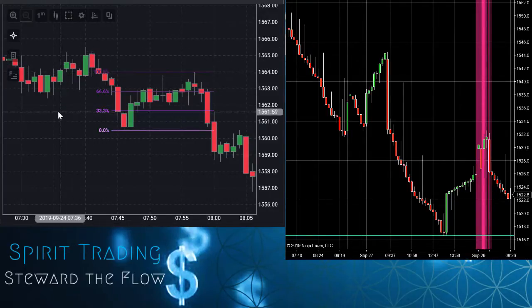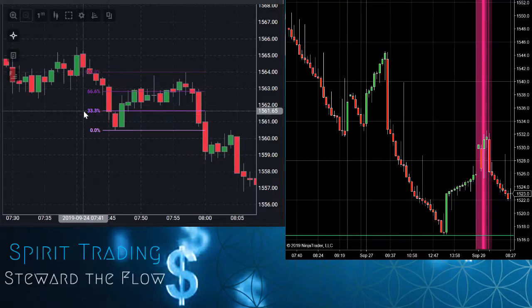What's good about getting into the 33 is you've got 1/3 of the pullback for it to move and make profit. So it can test here, and then you could bring your stop in, and that still gives it room to wiggle around.